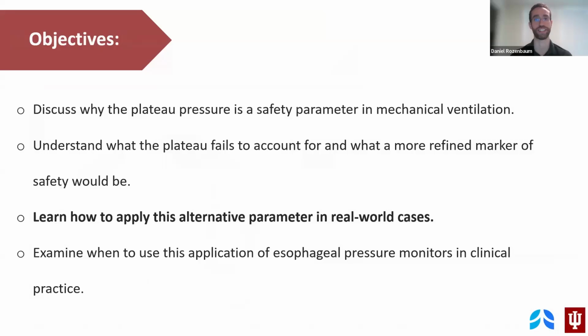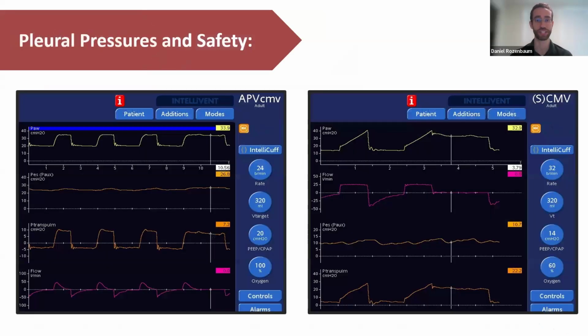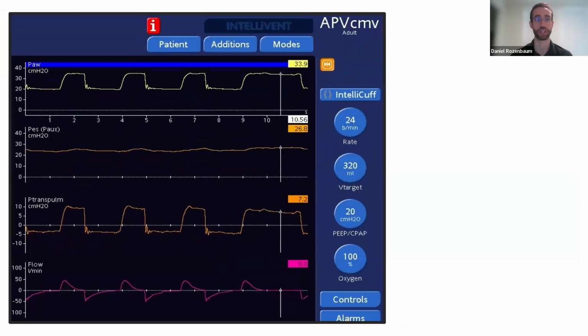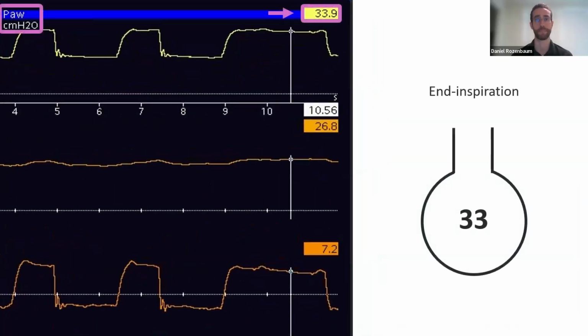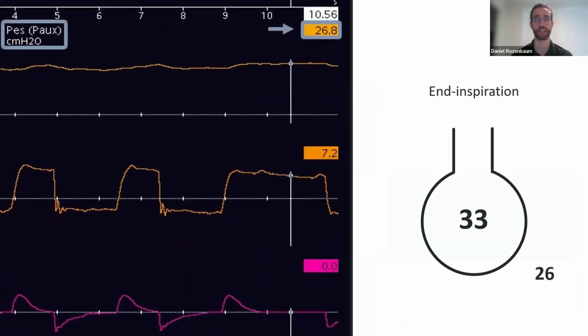So now that we can actually calculate the end-inspiratory transalveolar pressure, let's see how we can apply it to real cases of ARDS. In our first case, we can see in the first airway pressure graph that the plateau pressure was 33 centimeters of water. Moving to our second esophageal pressure graph, we can see that our end-inspiratory pleural pressure was 26.